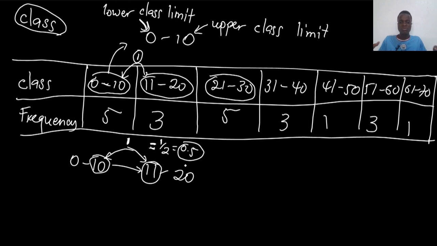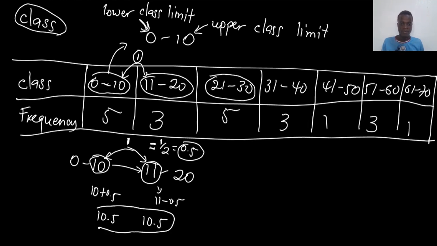To put the 10 and 11 together, what we do is 10 plus 0.5, and for this one we do 11 minus 0.5. What do I have there? Over here I have 10.5, and here I also have 10.5. So 0.5 added here, minus 0.5 at the other end. That's what we do basically, right?